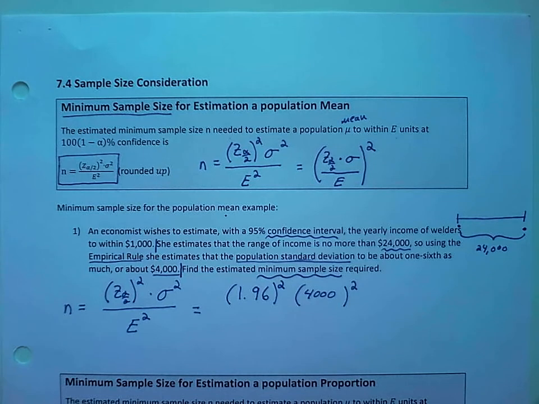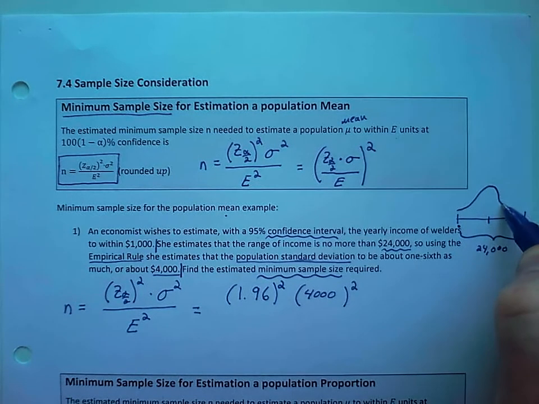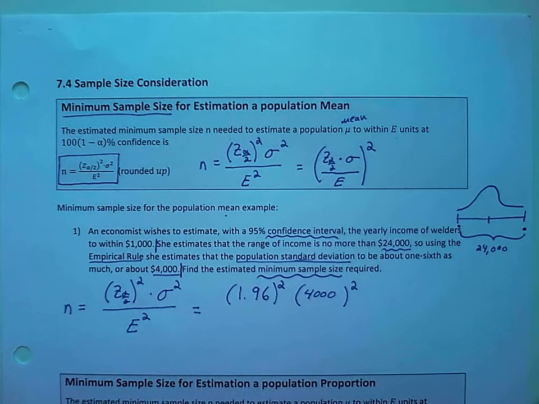68, 95, and 99.7%. So that means that if we go from the mean, assuming that we have salaries or yearly incomes that are normally distributed, then 99.7% of those salaries are going to be within 3 standard deviations above the mean and 3 standard deviations below the mean.